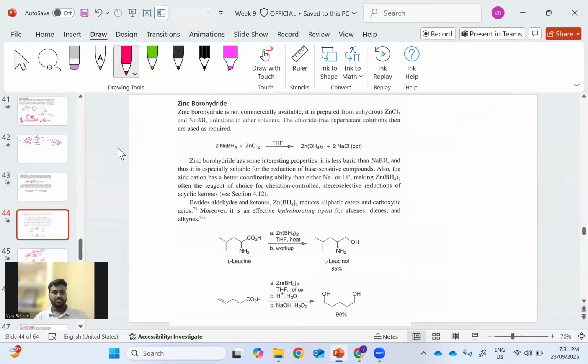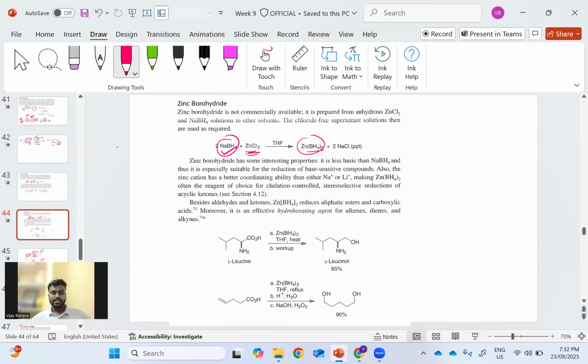Like sodium borohydride, aluminum borohydride and zinc borohydride can also be prepared. This zinc borohydride can be prepared from zinc chloride, and the starting material for preparing this reagent is the sodium borohydride plus zinc dichloride.